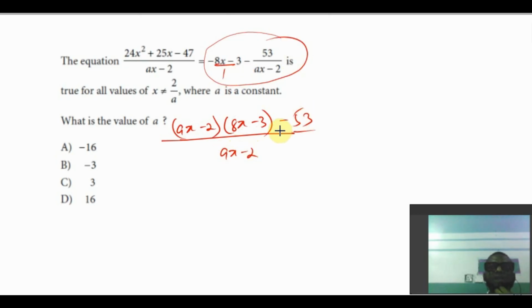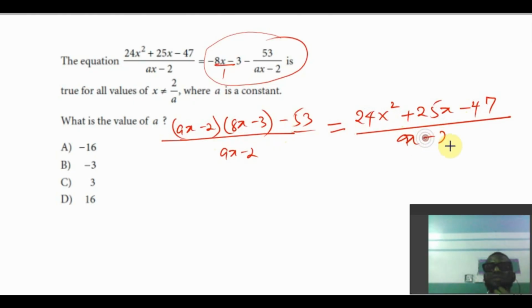Now this equation should be equal to 24x squared plus 25x minus 47 divided by ax minus 2.